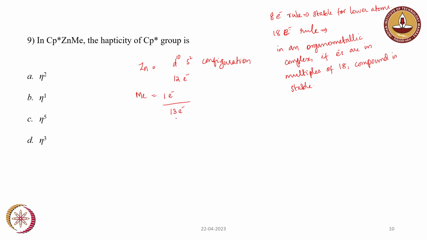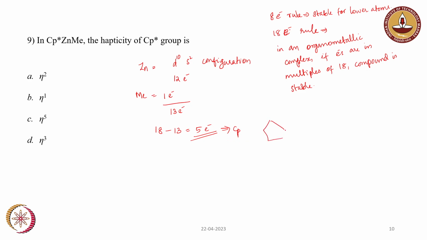To become 18, we need 5 more electrons. So 5 electrons will be provided by Cp. So the Cp should be giving 5 electrons.